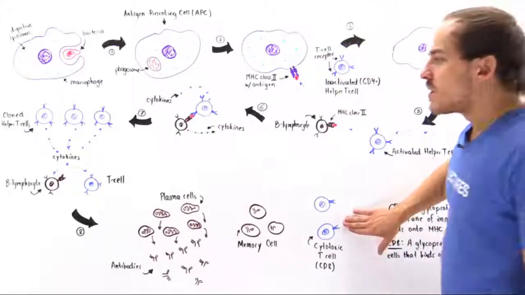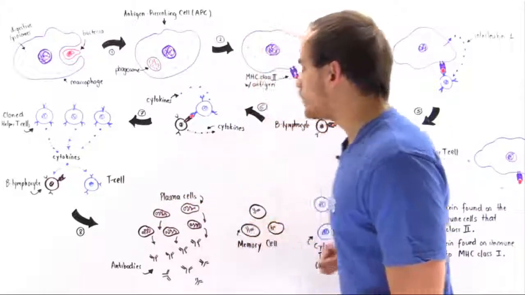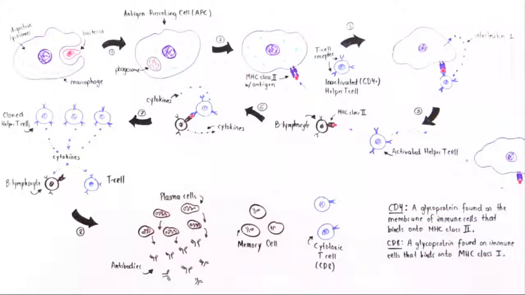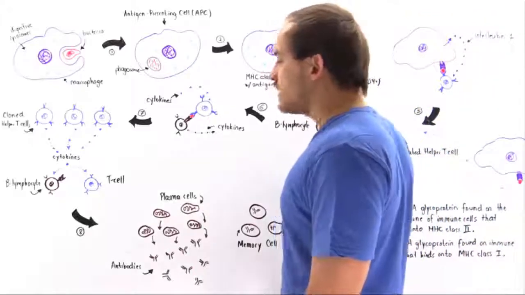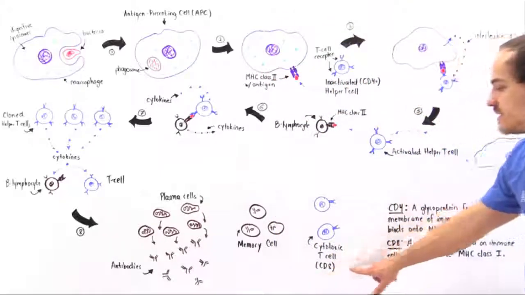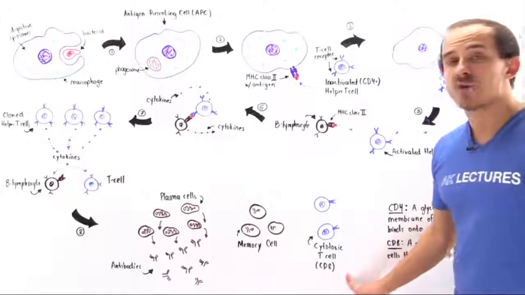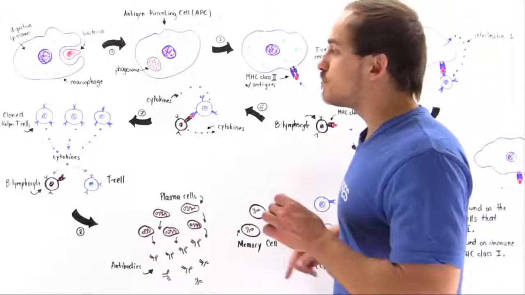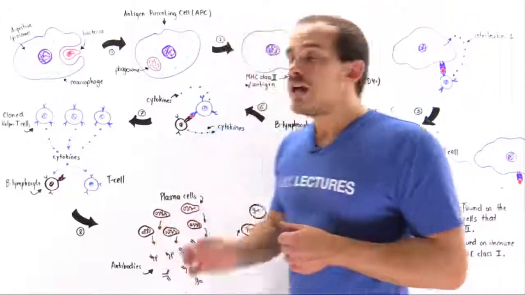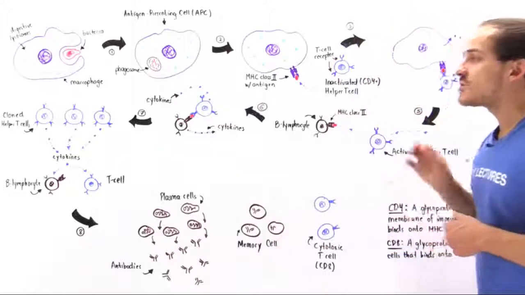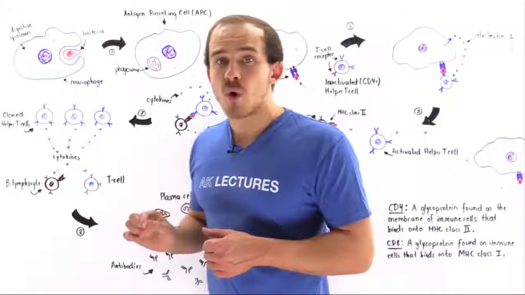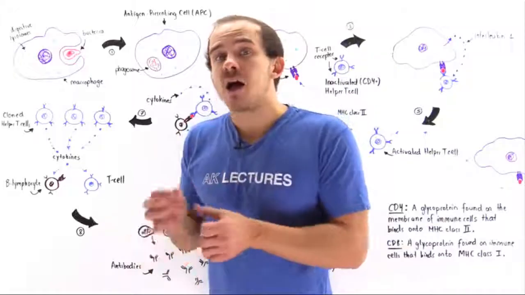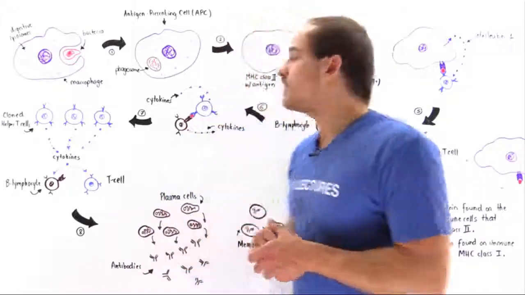And finally, our T cell differentiates into the cytotoxic T cell, and this contains the CD8 glycoprotein on the membrane. Now, the CD8 glycoprotein is responsible for binding to the MHC class 1, the major histocompatibility complex class 1, and this is found on our infected cells of the body.